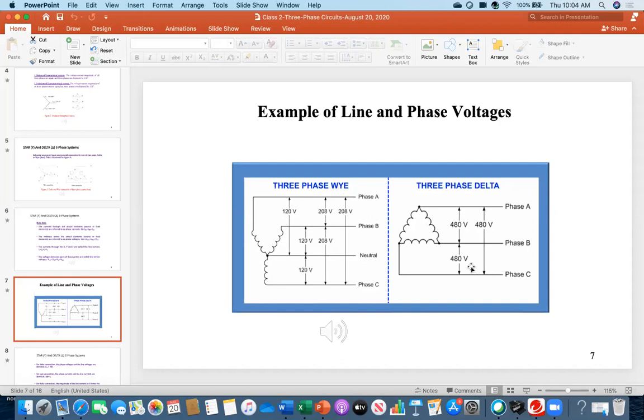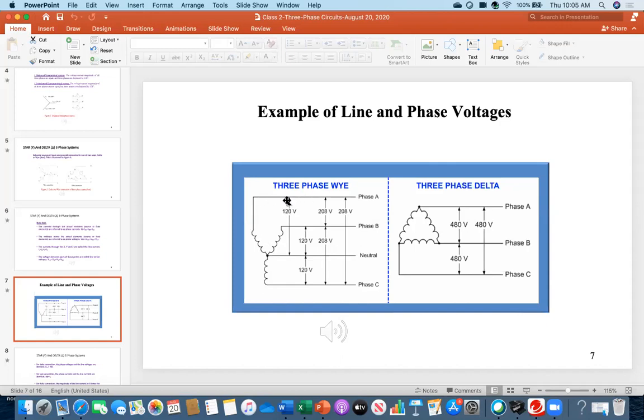Delta cannot have any neutral. There is no provision to connect any neutral line there. So anyway, see, like 120 volt. The 120 voltage, you see the arrow, is between phase A and the neutral. This means that what you are measuring, essentially with your voltmeter, one connection point is here, the other point is here.